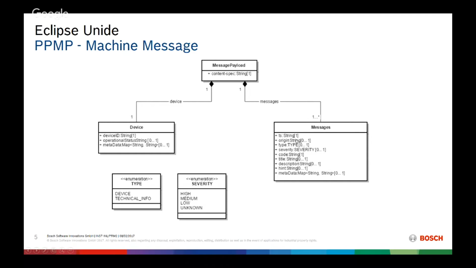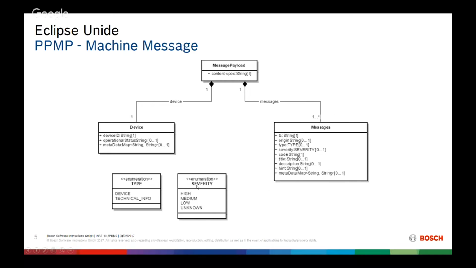You also have the possibility to give some additional information with the message itself. You can set an origin, if you have different sensors on your machine and the device is your machine. Then you can set your sensor ID here, for instance. You can set a specific type, so is this message concerning a device, or is it just technical information? You can set a severity.